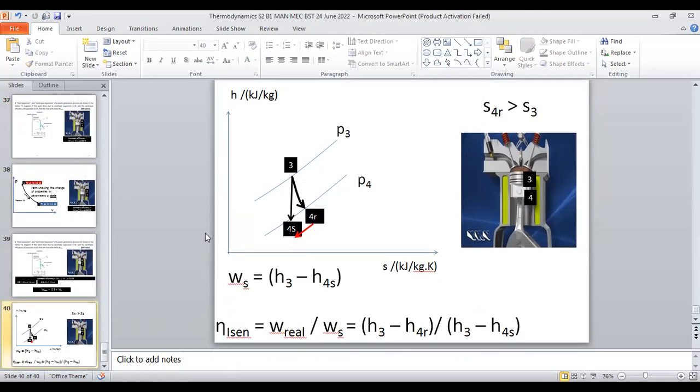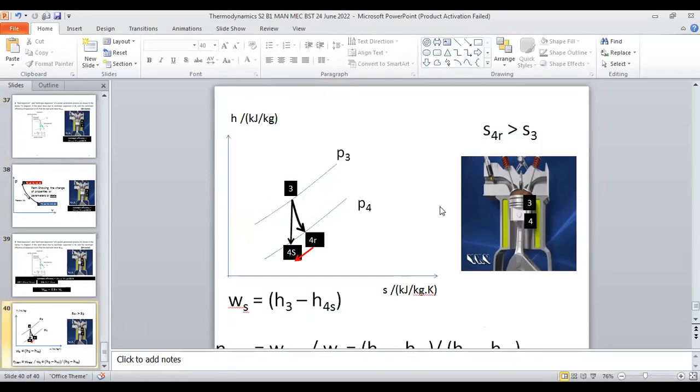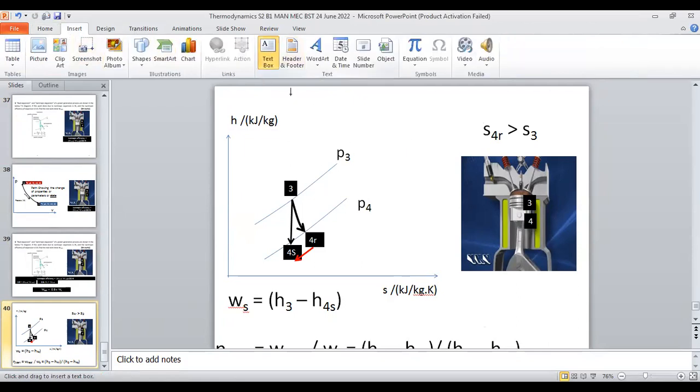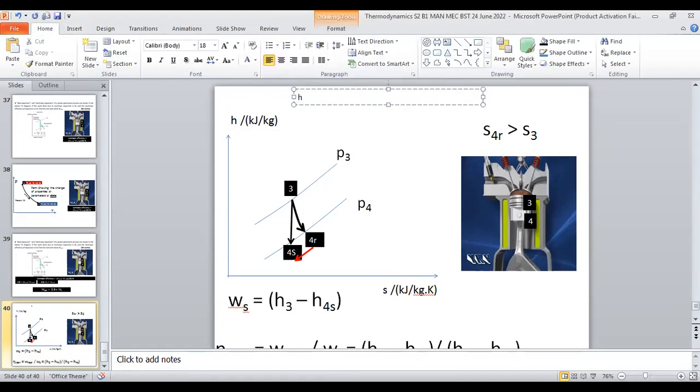Same way for the compression. You can have a similar curve. So this is HS for expansion. Okay.